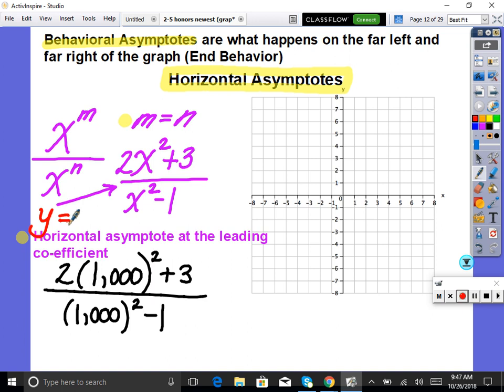Good thought, though. Y equals 2. True. It's 2. Where did he get 2 from? 2 over 1, right? Now let's think about why that would be on the horizon, at the very end of the graph.